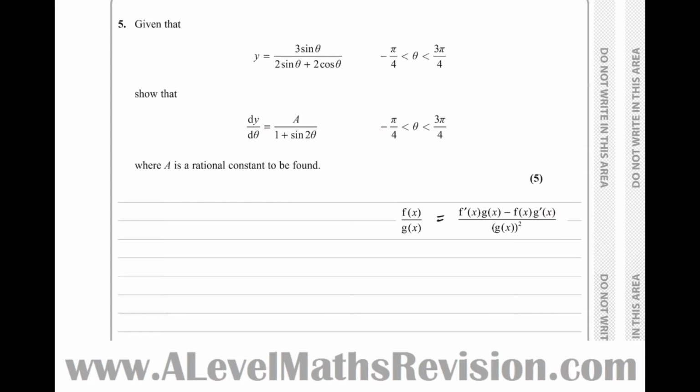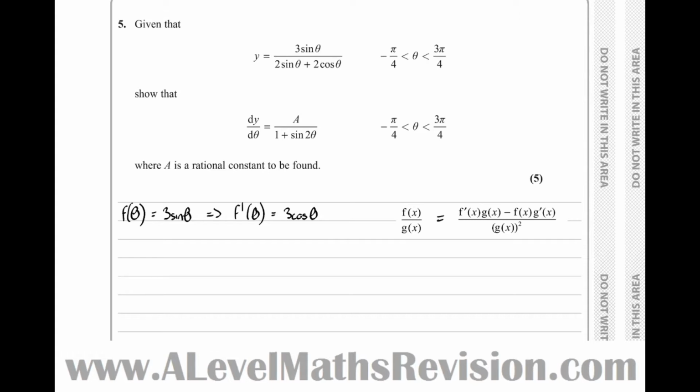Our f of x is what's on top. So in this case we're dealing with f of theta, which equals 3 sine theta, which means that f dash theta equals 3 cos theta. The differential of sine is cos.